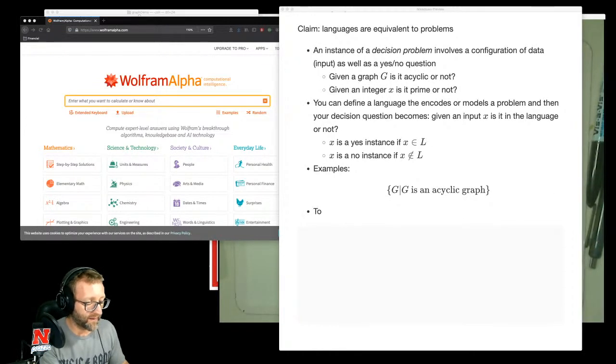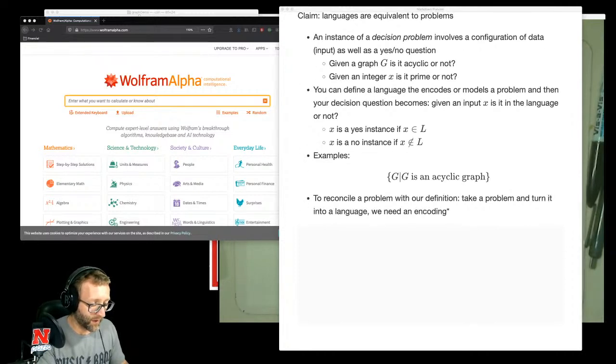To reconcile a problem with our definition, that is, take a problem and turn it into a language, we need an encoding, right? And again, you've done this before with Huffman coding, right?